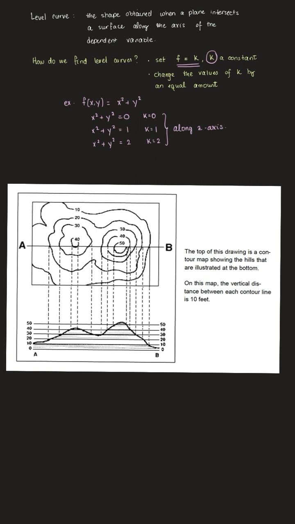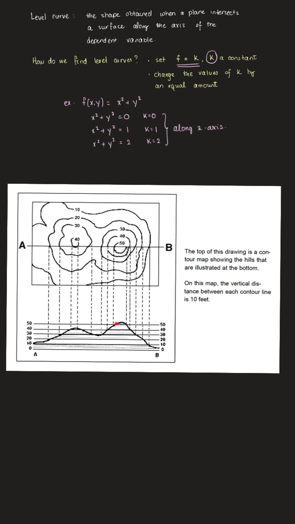And we can see here that at the altitude of 40, we hit kind of the top of the smaller hill, right? So that means that we can make that circle around that smaller hill much tighter. That's this circle here. And so we're getting a peak right there. We're looking at a maximum value of our surface close to 40 feet. And we notice the same thing happening at 50 feet.